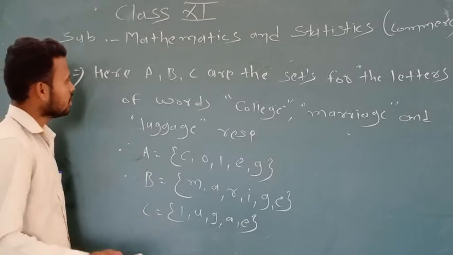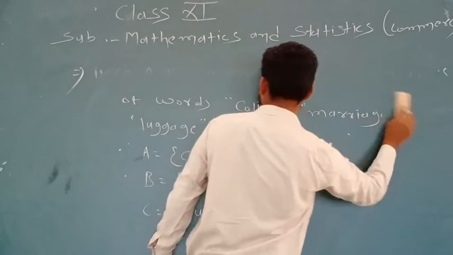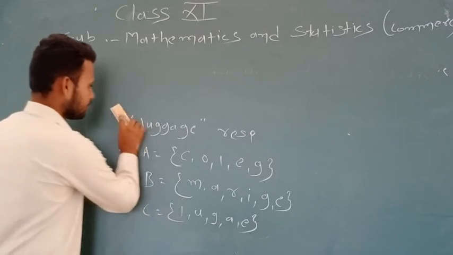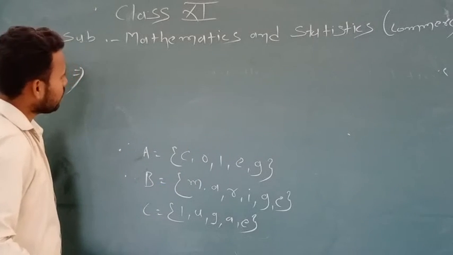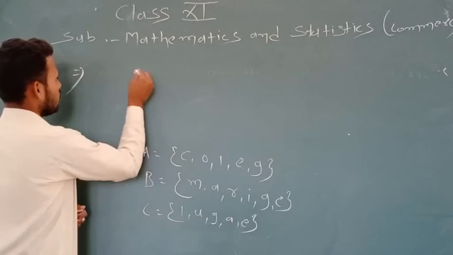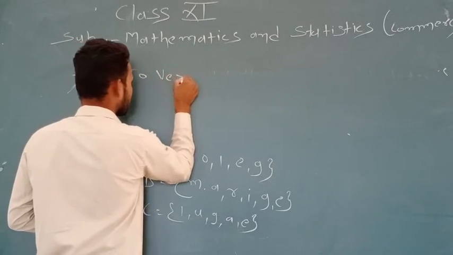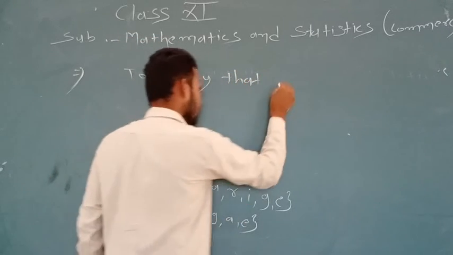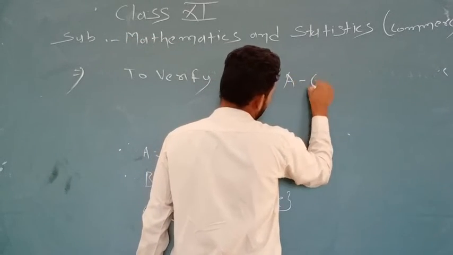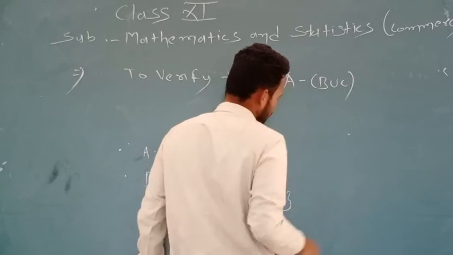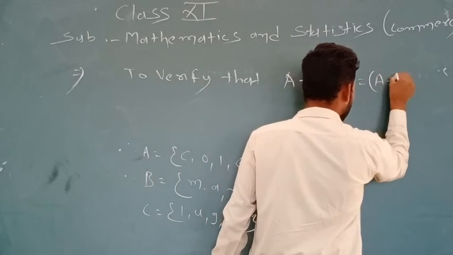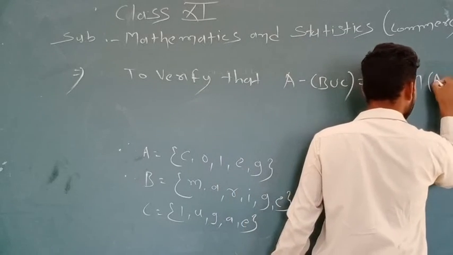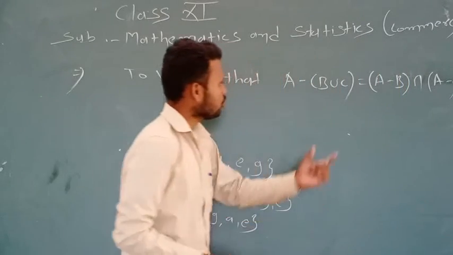The next line to verify that A minus B union C, which is equal to A minus B intersection with A minus C, we have to verify this.